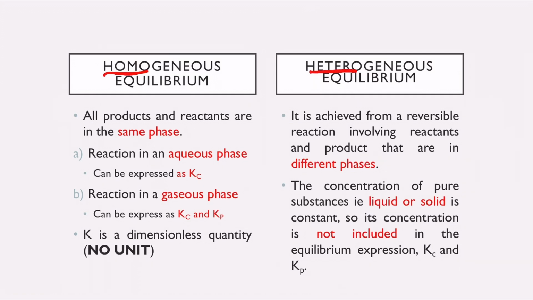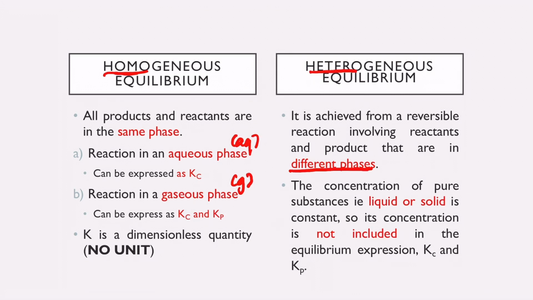Therefore, it is achieved from a reversible reaction involving reactants and products that are in different phases. So it's not only aqueous, not only gaseous. It has a mix of aqueous, gaseous, liquid or solid.